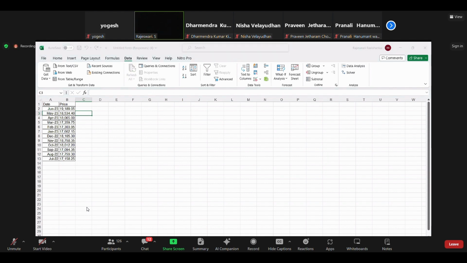Here I have an option called descriptive statistics. I'll click on it. It will ask for the input range. This is my input range. Column by or row by, it is not necessary yet. If you want any label, you can give it. Otherwise, if it is not required, that's okay. I want to keep my output over this column.